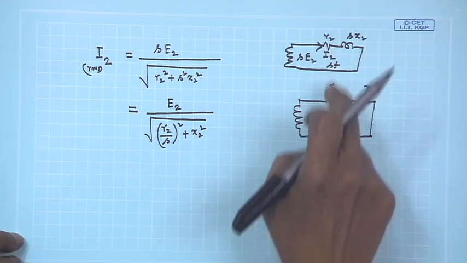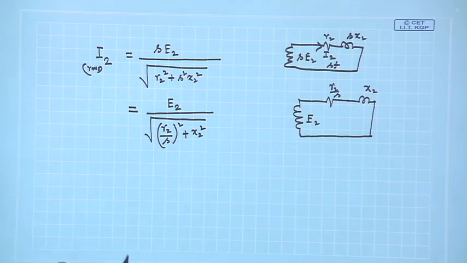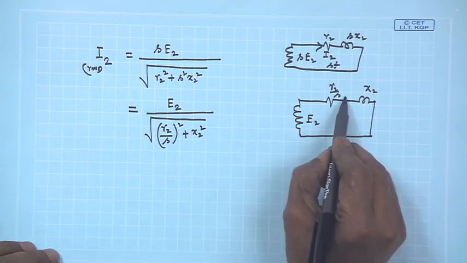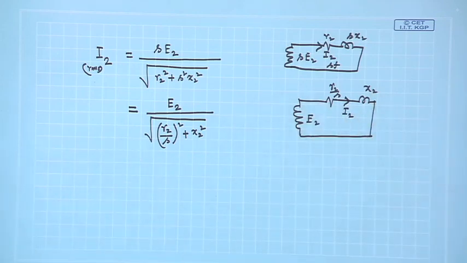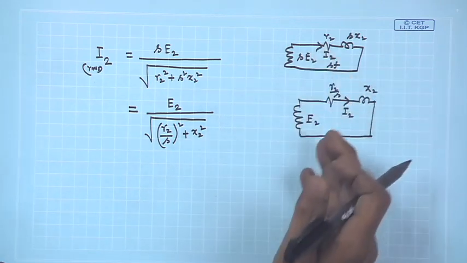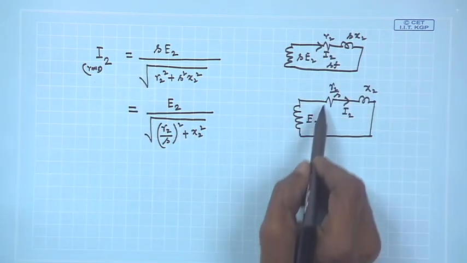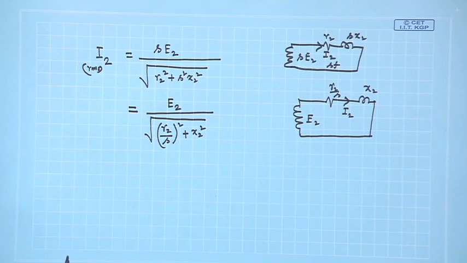These two circuits, so far as the magnitude of current is concerned, the RMS value of the current, will remain the same.